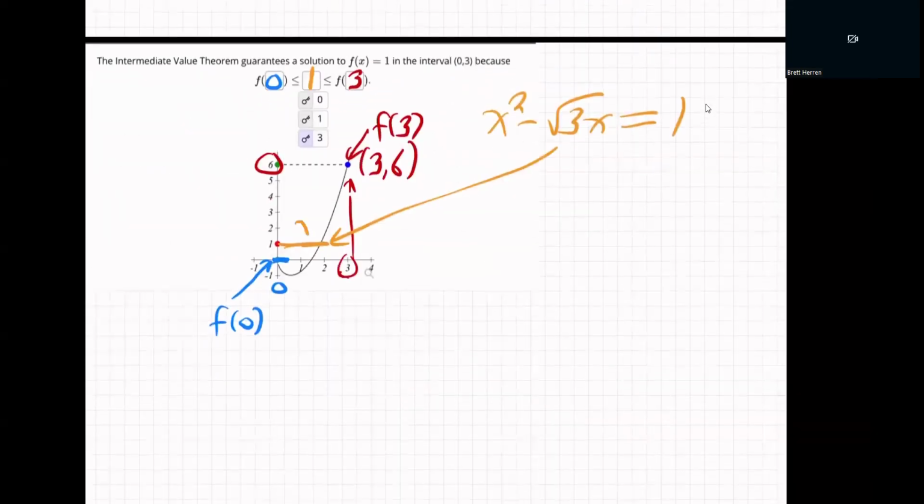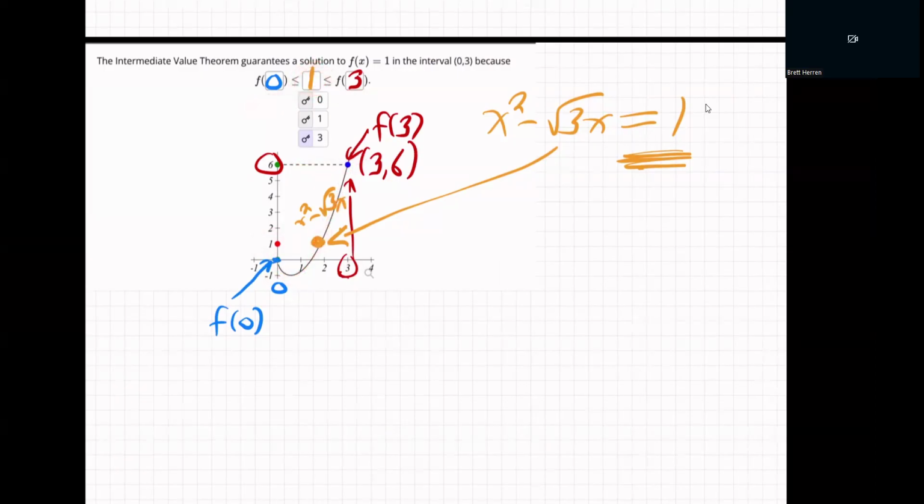Well, this is the graph, and we know it's going to be at a height of 1 right here, at some point between 0 and 3. Why? Because at 0, it starts below a height of 1, and at 3, it ends up above a height of 1. And it's a continuous function, so it can't just jump over that. It's got to hit all the points, so it's got to hit the height of 1, because 1 is between f of 0 and f of 3.